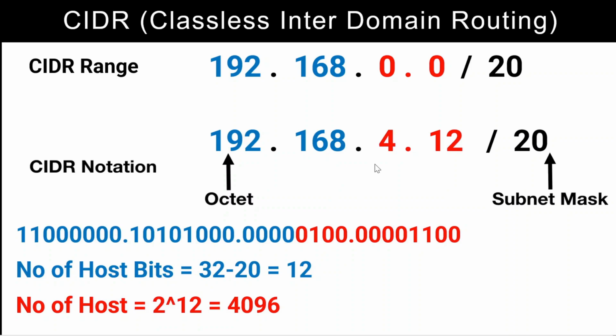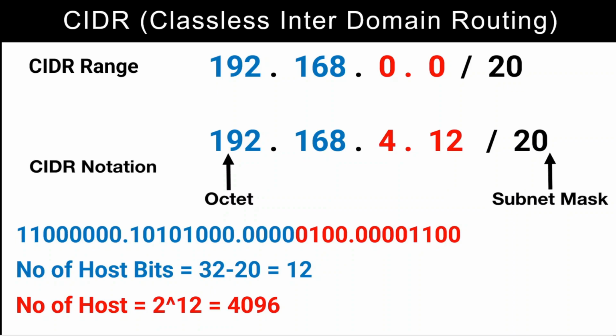This is an IP address which belongs to this CIDR range. If we try to represent this IP address in binary format, then it will be written like this. Here, first 20 bits which are represented in blue color actually represent your network and the value of these bits will remain fixed for this network. Remaining bits in red color are actually used to determine the device address in your network.